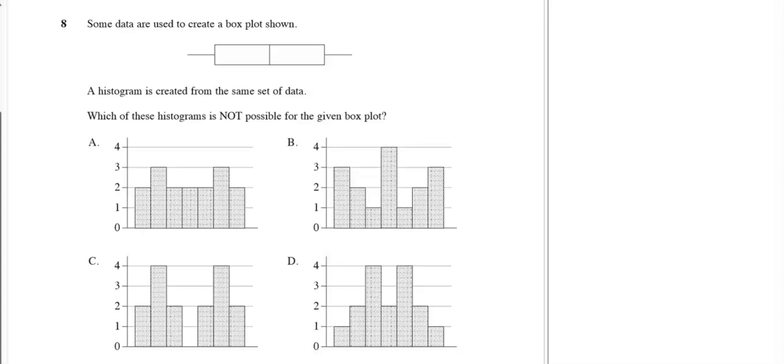Okay, so we know that the box plot is telling us that 25% of the data is here, 25% here, 25% here, and 25% here. So notice that the IQR is from here to here, and the bottom quartile is only that long, the top quartile is only that long.